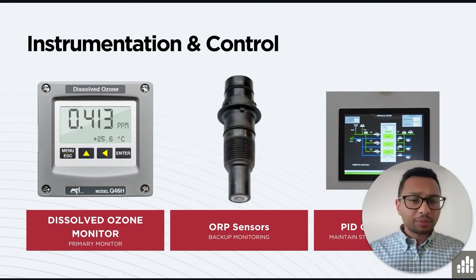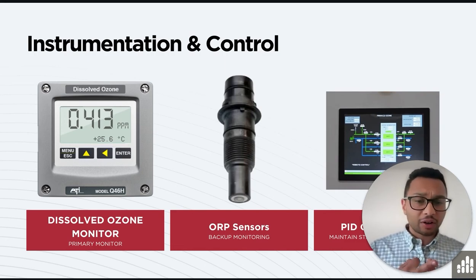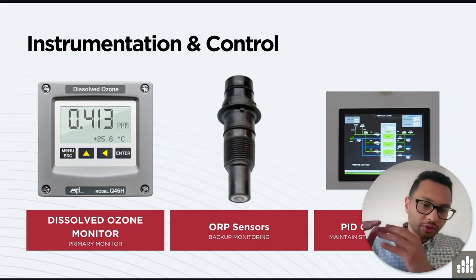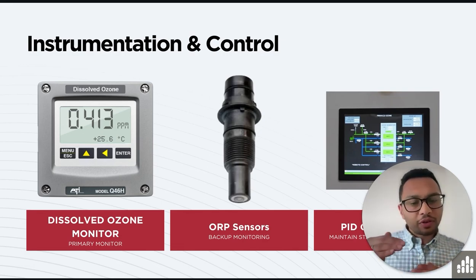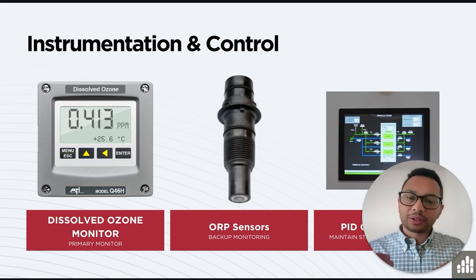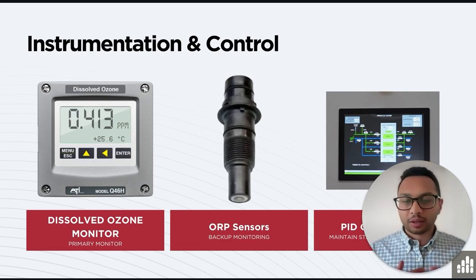The control system also handles event logging, alarms, and automatic shutoff. So if the ozone level drops, or the dissolved ozone level drops, or there are sudden flow changes, the ozone system is able to respond to that. That's what we call a PID control, which can control based off external parameters coming in.